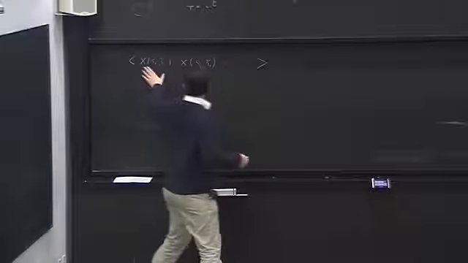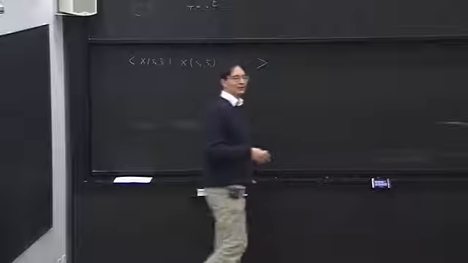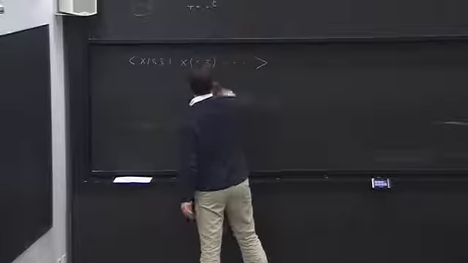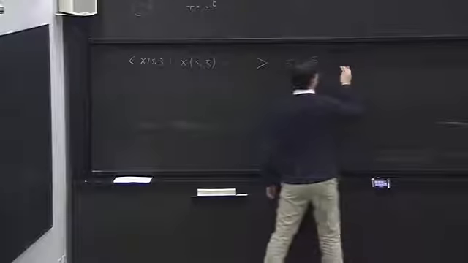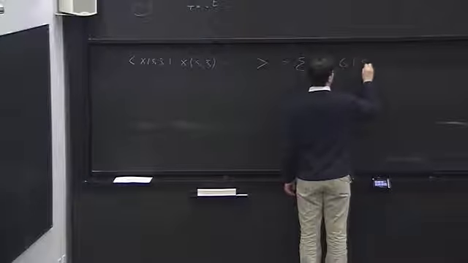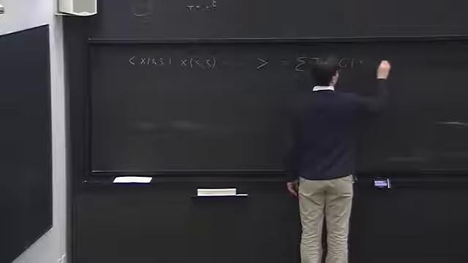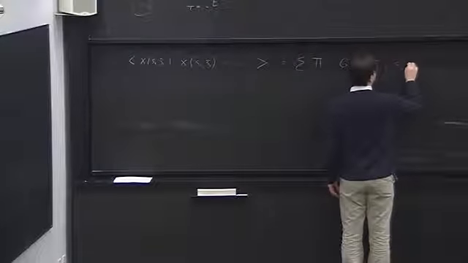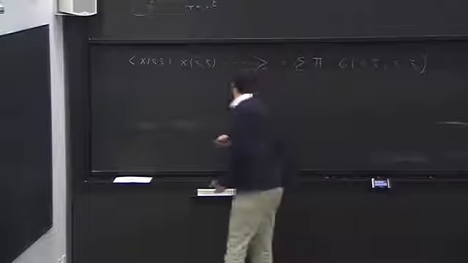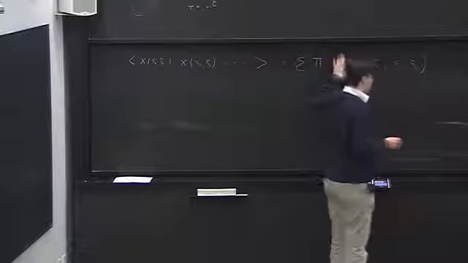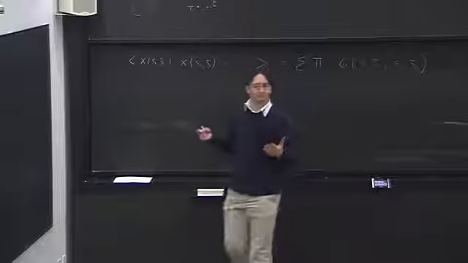Because this is just a Gaussian theory, this is given by Wick's theorem, right? So you start doing Wick contractions, you get some sums of products of 2-point functions. And these 2-point functions are just the Green function of the Laplacian operator.